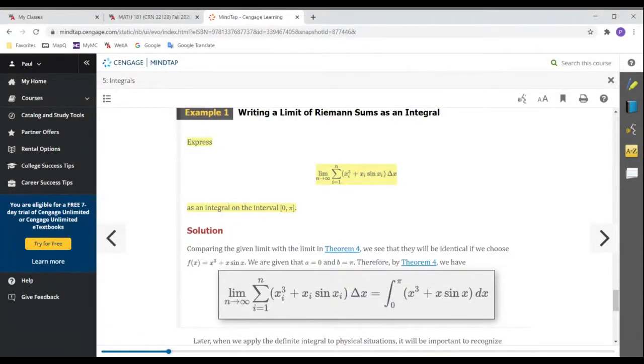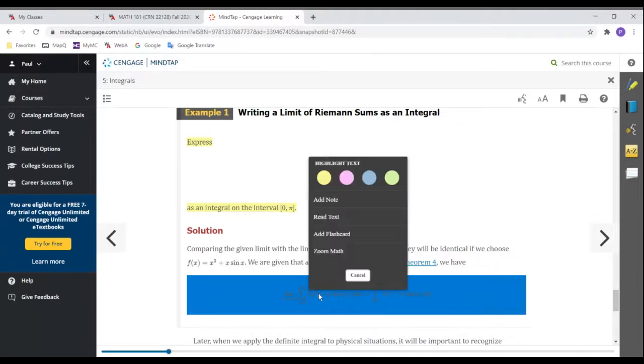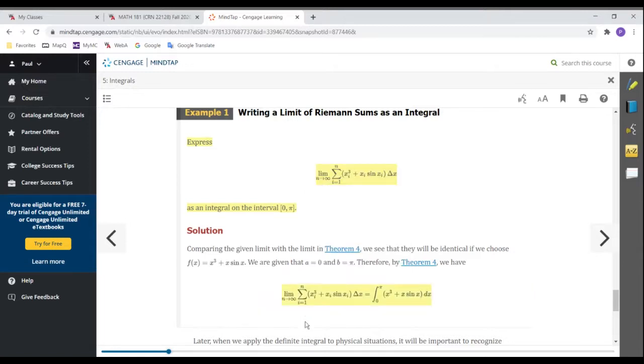The limit of the Riemann sum is simply the integral, and you identify the function based on the Riemann sum: xi cubed plus xi times sine of xi times delta x. You recognize this as the integral of x cubed plus x times the sine of x dx.